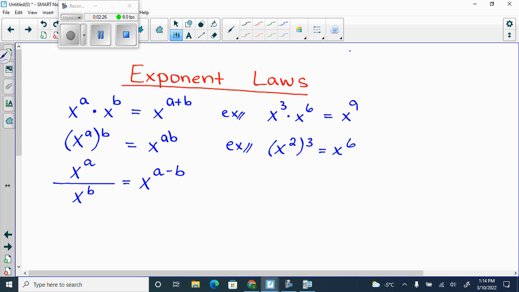But they have to be the same base. They would both have to be x, correct? So an example could be x^4 divided by x^1 is x^3.